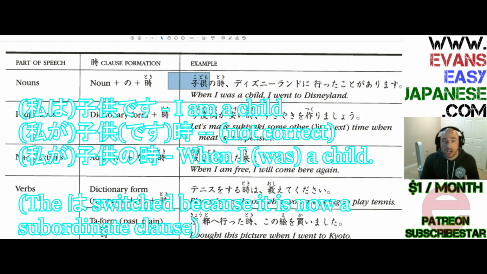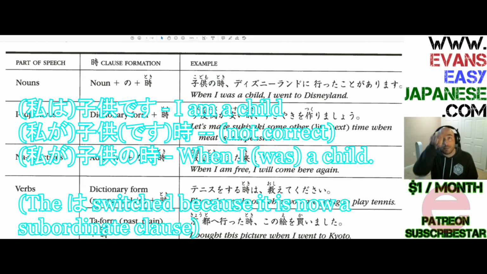However, we kind of already know who's doing everything. So let's leave off watashi ga, because the person speaking is talking about themselves. I shouldn't say obviously, but without context, that's what we assume. Without this being part of a conversation, that's what we assume. So notice how it's watashi ga kodomo desu toki, and notice how the des sort of, quote unquote, becomes a no. So in a way, this no is actually a copula.